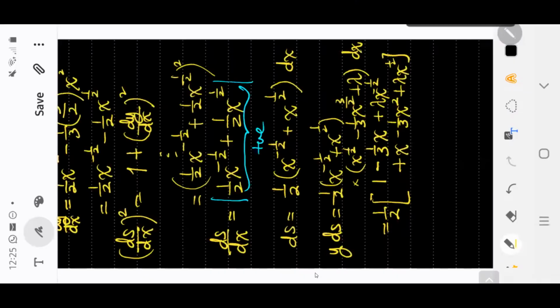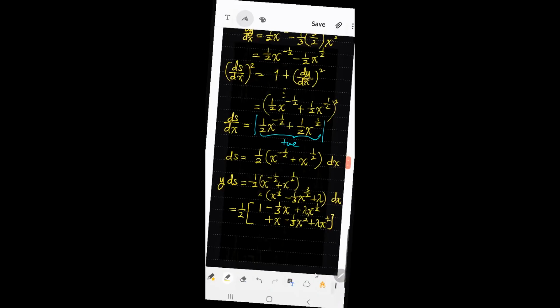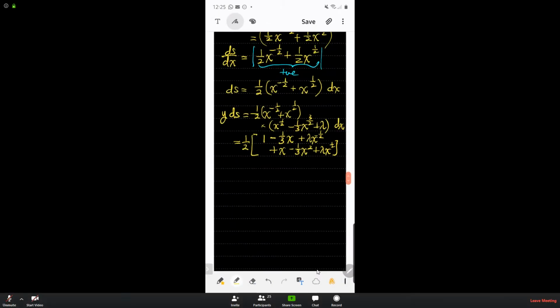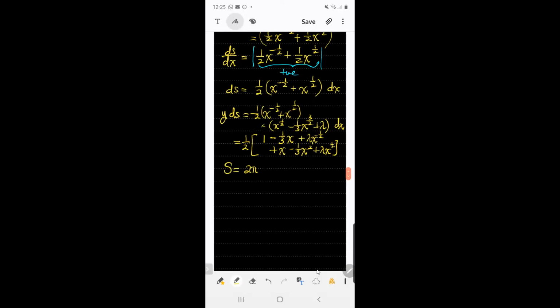Therefore, how do you find the surface area? The surface area is given by 2 pi times the integral of y ds from 0 to 3.